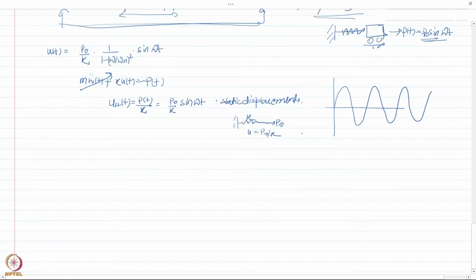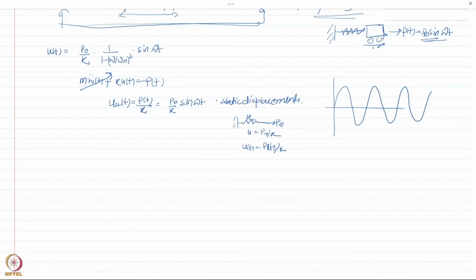But if the force is varying with time, then at each and every instant your displacement would simply be p of t by k, if no dynamic effects are considered. So this static displacement is whatever the displacement is when the sinusoidal force is applied without any dynamic effect of the mass.